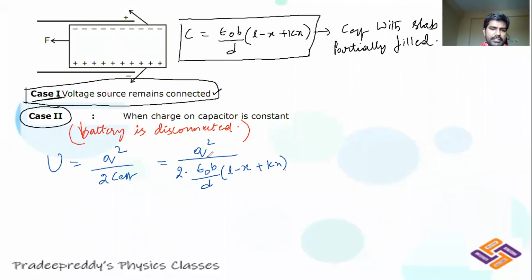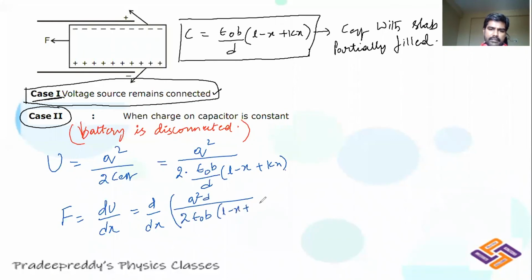Now you should differentiate this term with respect to x. In order to find the force F, you need to differentiate it: F is dU by dx. I write this as Q square into d by dx of 1 divided by 2 epsilon naught B by D into L minus x plus kx.